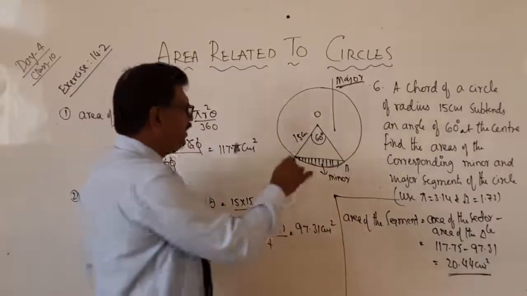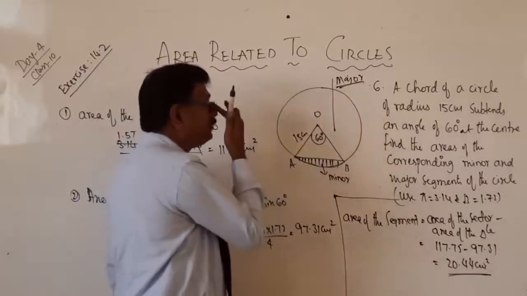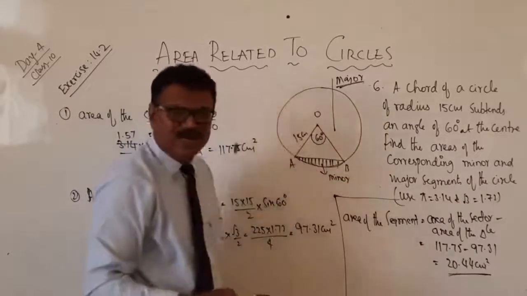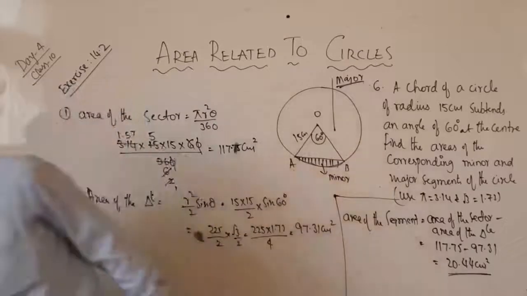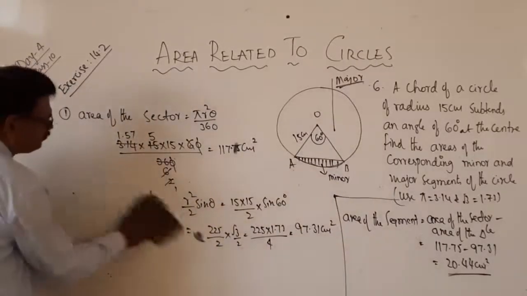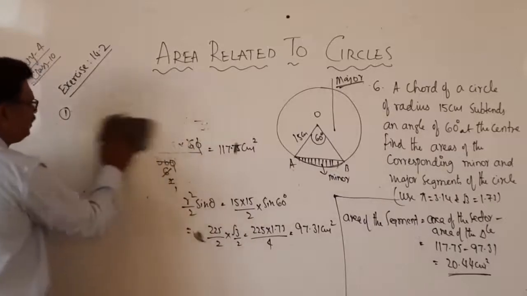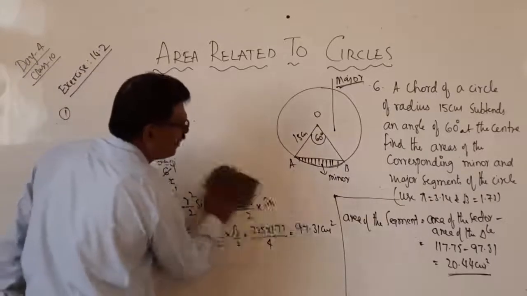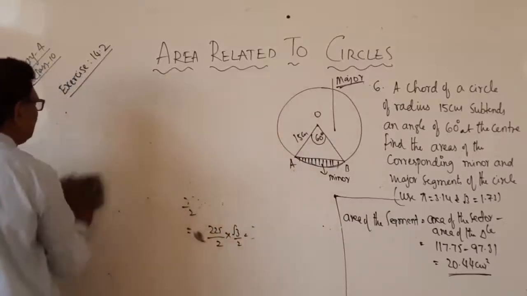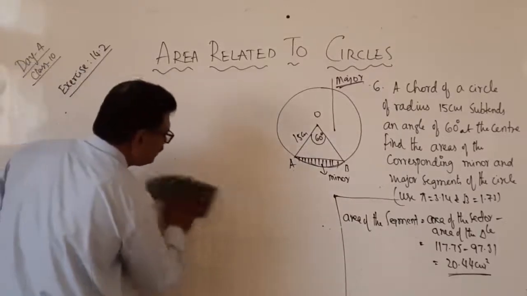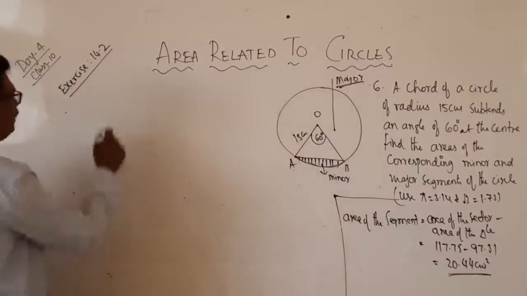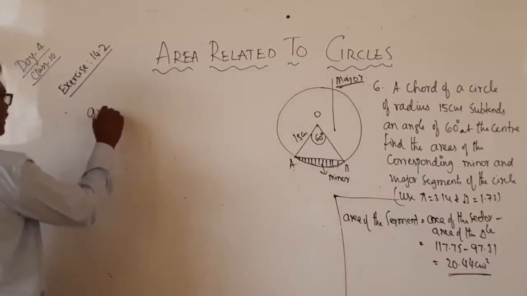Very simple. How to get this? Area of the circle minus the minor segment, then the remaining area will come like that. Okay? You do, no problem. Now see, area of the circle we will find. So very simple problems. Only thing is you should do calculations fast. Okay? Now area of circle.